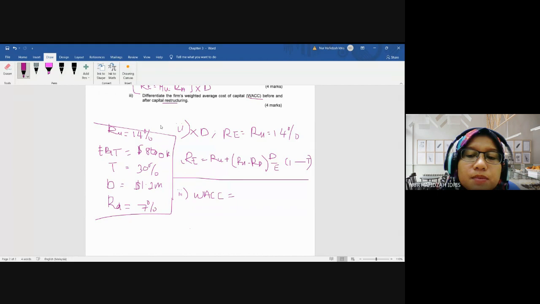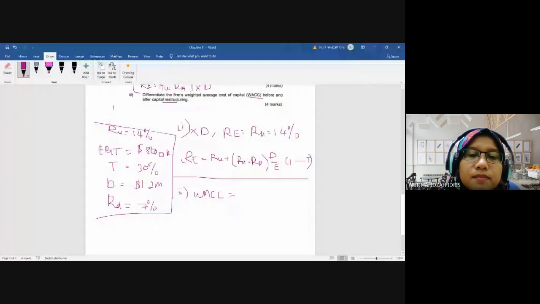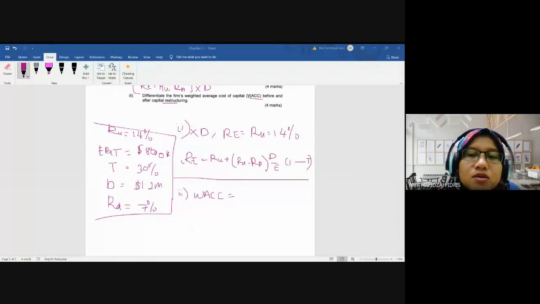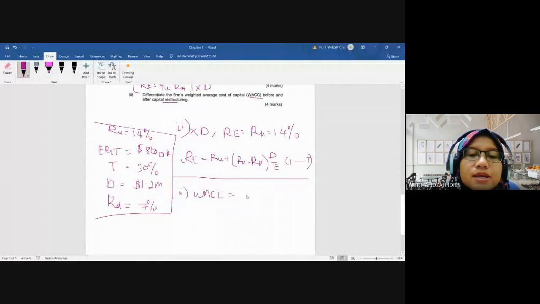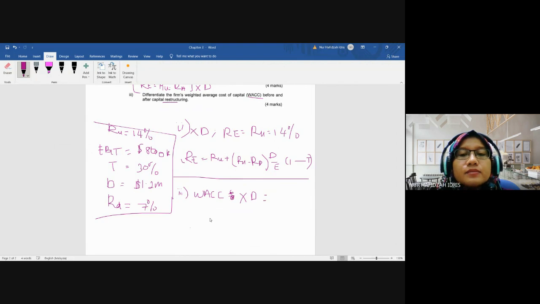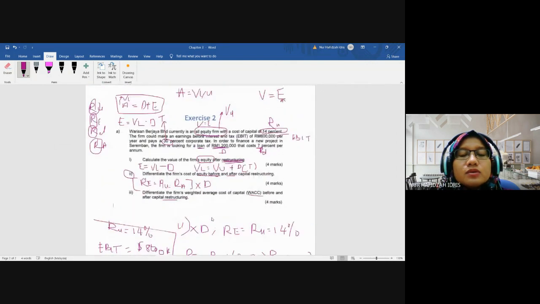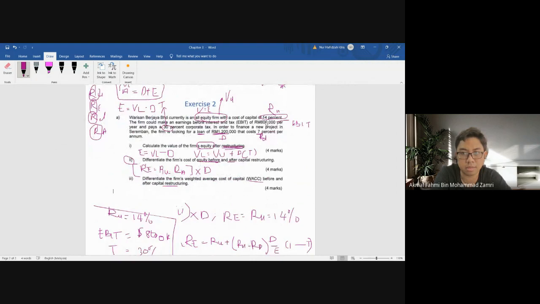WACC, apakah itu WACC? Cost of capital. Yes, cost of capital. So WACC adalah cost of capital. So kalau WACC without debt, kalau dia tak ada debt, so cost of capital dia akan jadi apa? Tengok sini.